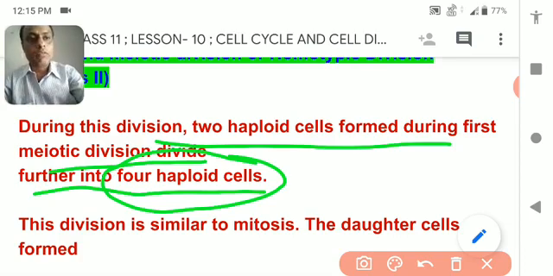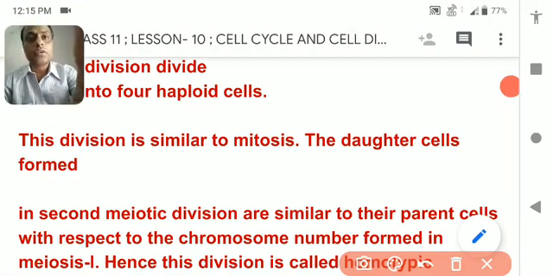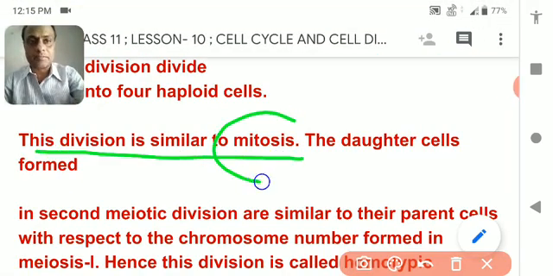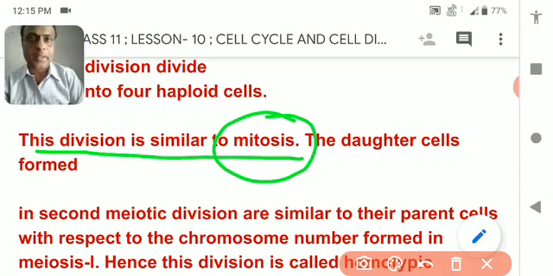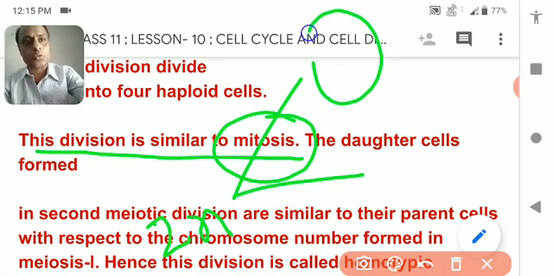This division is similar to mitosis cell division. That's why it is called homotypic cell division, because in mitosis cell division the number of chromosomes in the mother cell is equal to the number of chromosomes in each daughter cell. The same thing happens over here.